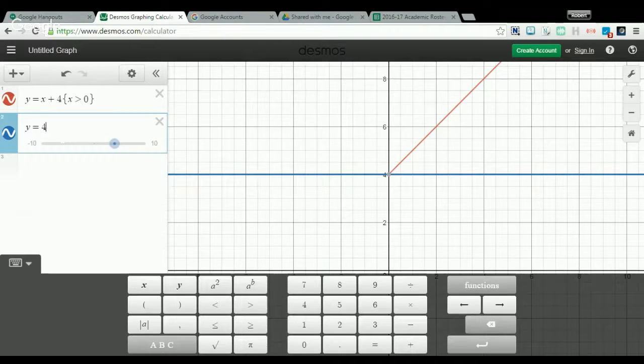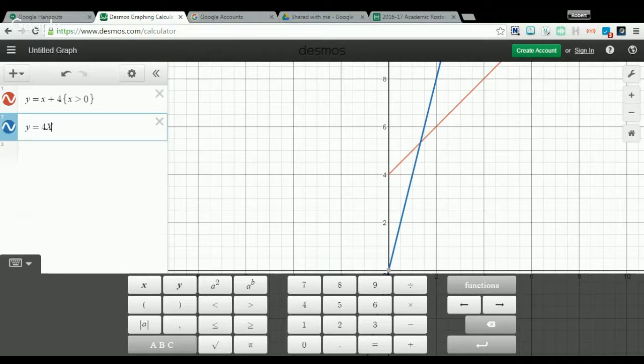They had a horizontal line that went at 0. This line here is a horizontal line, and even if I put the restriction of x is greater than 0 on it, I put those brackets in there so it knows how to deal with that. See, that would be that line straight, but this line has a slope of 4.